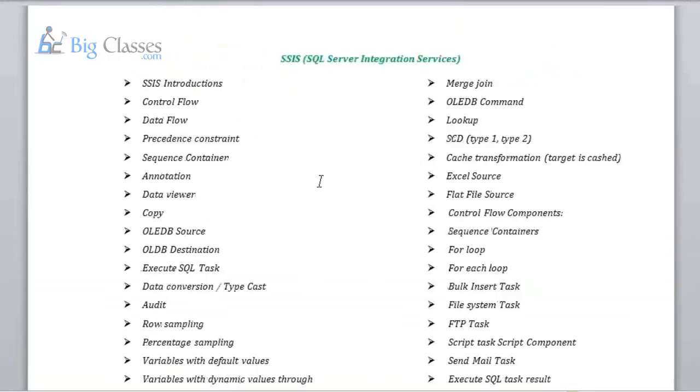So in SSIS also we are going to start from the basics at a beginner level. See, to attend these demo sessions or take these classes, it is not important that you should come from a technical background. Even a non-technical person, even a fresher who just passed out of college, can understand my training very well, because I am going to go into detail, very slowly, and from the basics of each module.